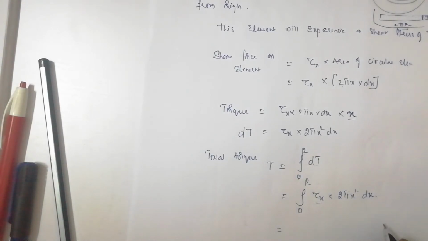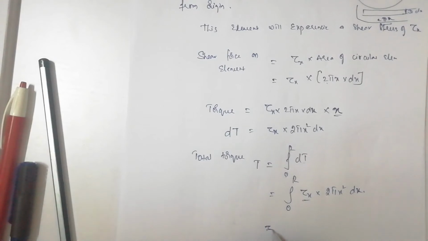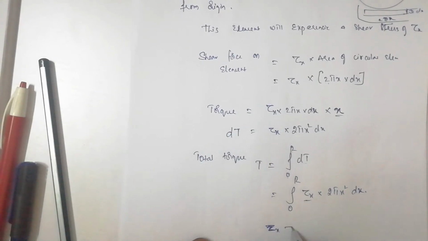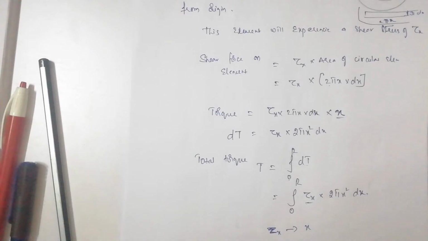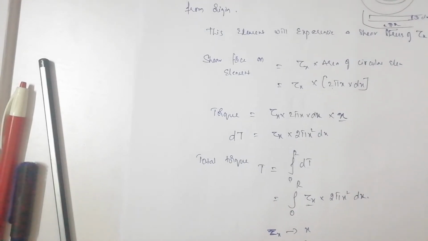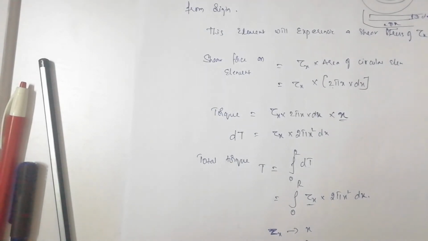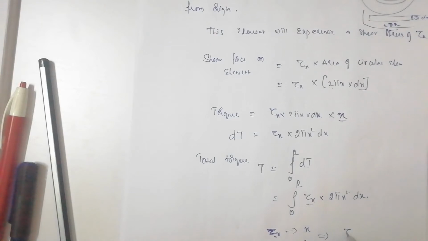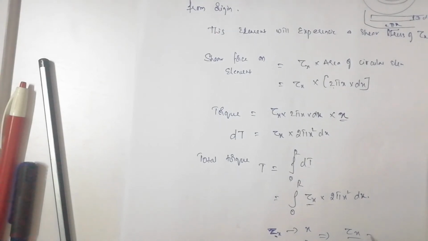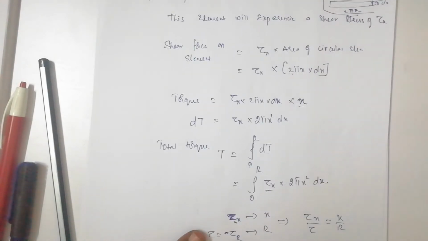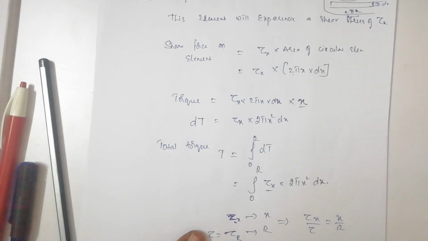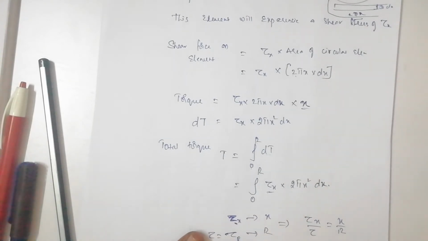For example, if tau x is acting on a length of L, then tau r will be acting on r. Now if I want to replace this tau x, simply take the ratio: tau x by tau is equal to x by r, then tau x is equal to tau into x by r.